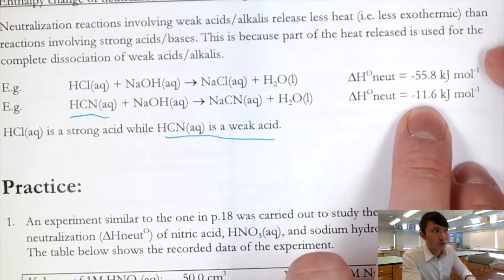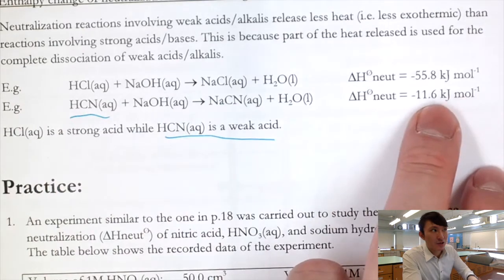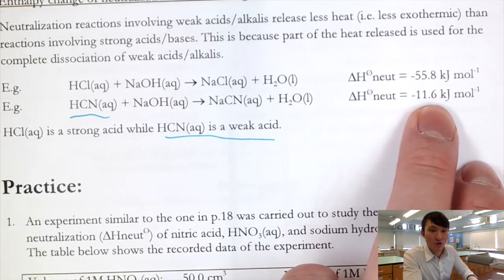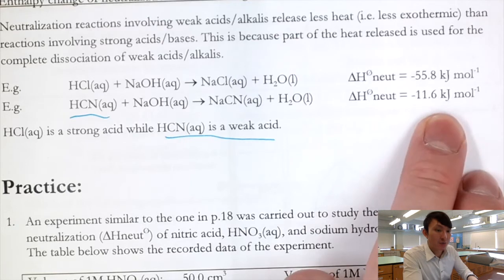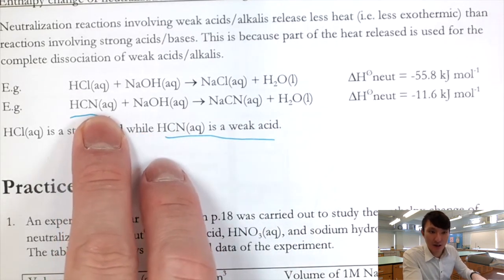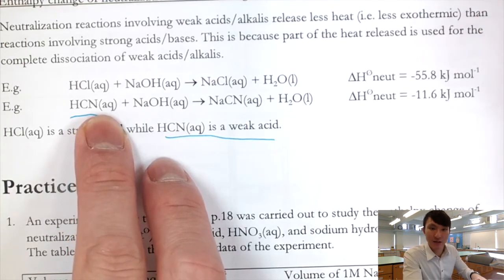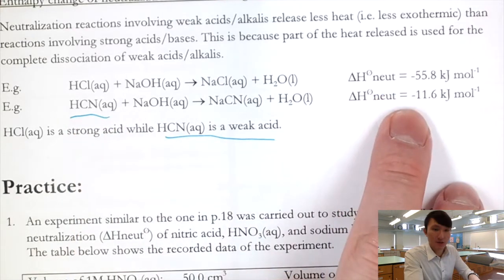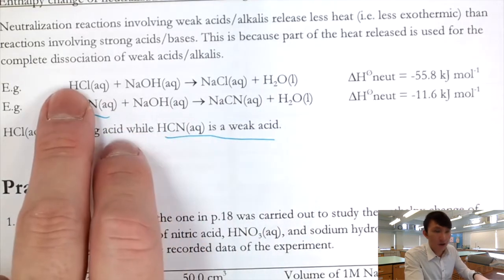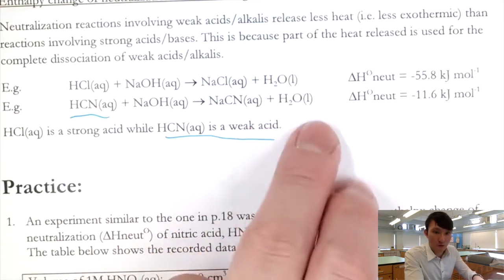So comparing to this, probably for HCN, it has used 44.2 kilojoule per mole of the heat released to assist the complete ionization of the weak acid HCN itself. That's why it is much less exothermic. But bear this in mind: no matter whether it is a strong acid or a weak acid, they produce the same number of mole of water.